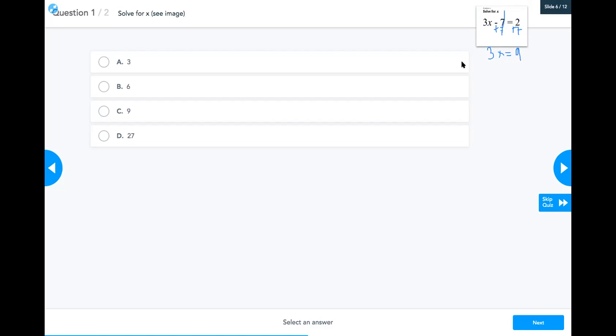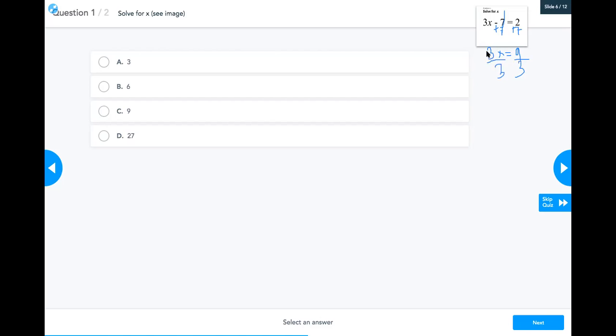Okay. What's next? And then you have to divide. Three on both sides.